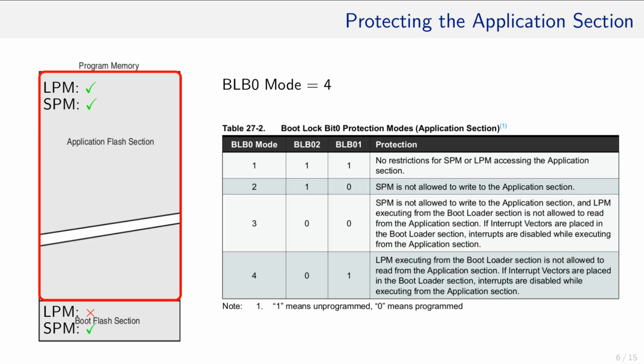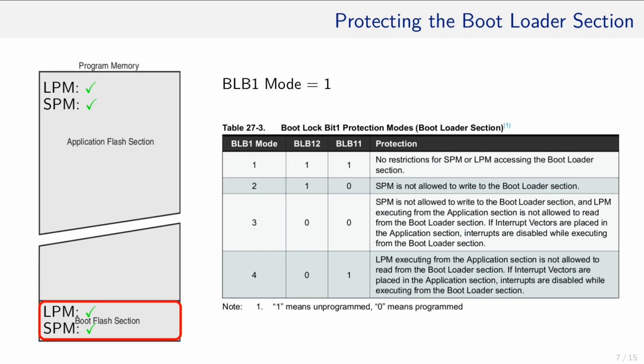And last but not least, the fourth BLB0 mode. In this, the bootloader is still unable to verify the application section, but it is allowed to send a new update to that section, while there are no restrictions on the LPM and SPM instructions as long as they are located in the application section.